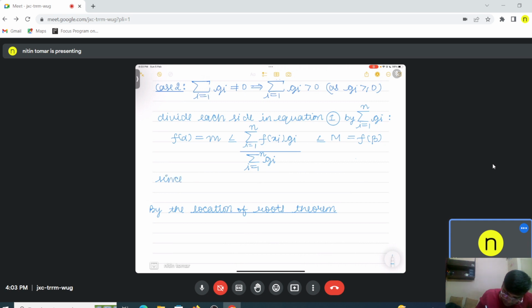Since f is a continuous function on the interval [a, b], it attains its maximum and minimum, for some alpha, beta in the interval.